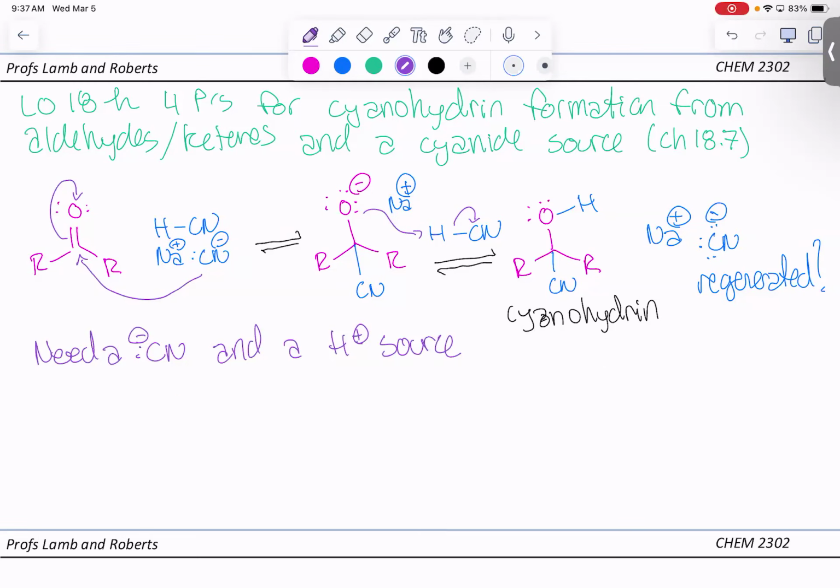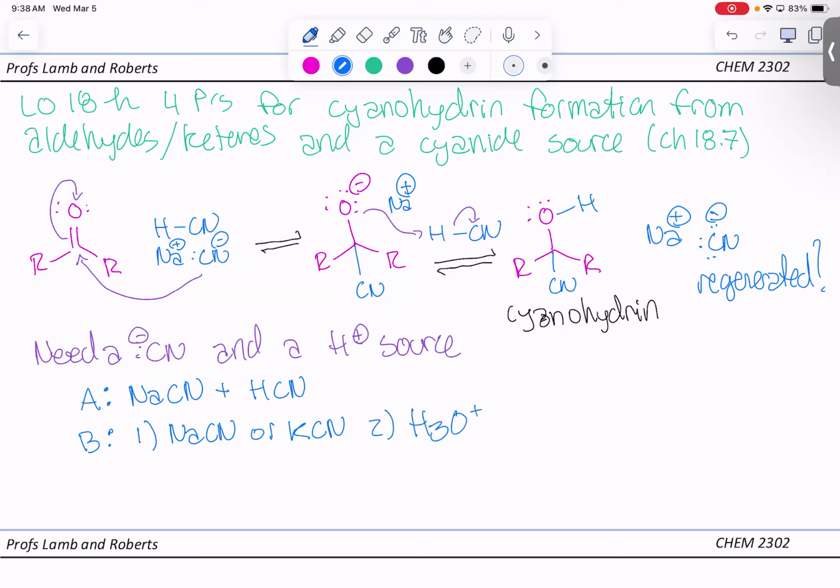So we can have a number of different conditions in which we can get to the final product. The one I just showed you was sodium cyanide plus HCN. Another set of conditions is, in step 1, we can use sodium cyanide, or potassium cyanide, it doesn't matter, the counterion. And then in step 2, we would add H3O plus, some sort of acid source.